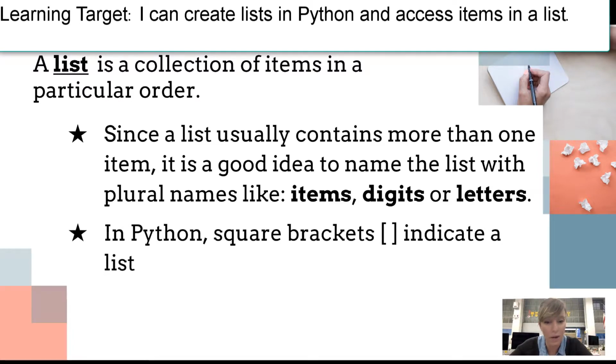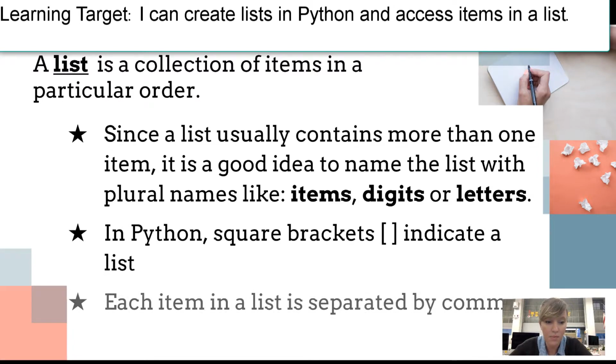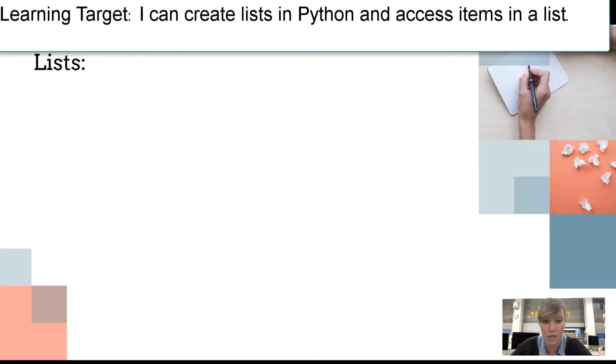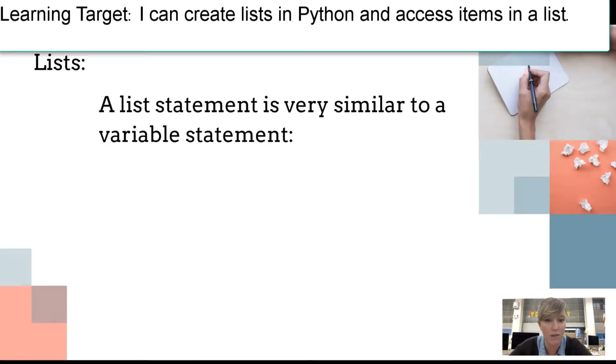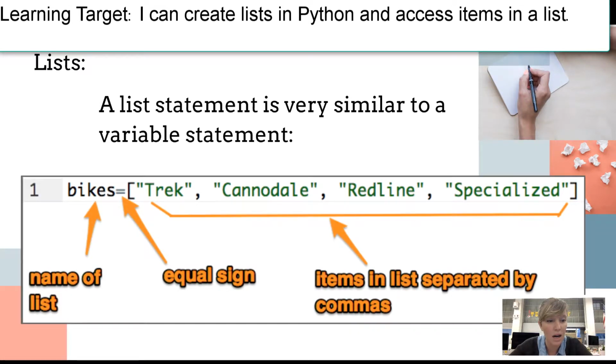In Python, square brackets indicate a list, and each item in a list is separated by a comma. So here's an example of a list. A list statement is very similar to a variable statement in that it has the list on the left-hand side. It has an equal sign to start assigning values to that list. Remember, an equal sign in Python is not a statement of equality like it is in mathematics.